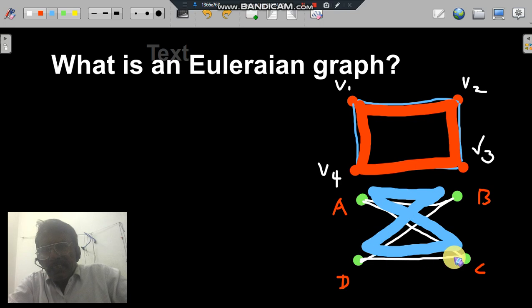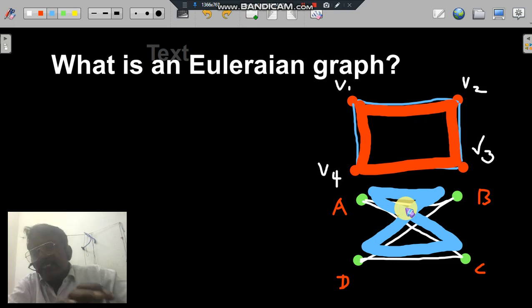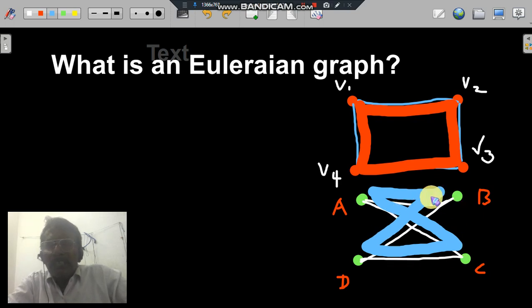This is a cycle such that each edge comes only one time. Or another way I can say is that this cycle contains each edge only one time. Look at that, AB only one time, BD one time, DC one time and CA one time. So this is a cycle such that it contains each edge of this particular graph only one time.